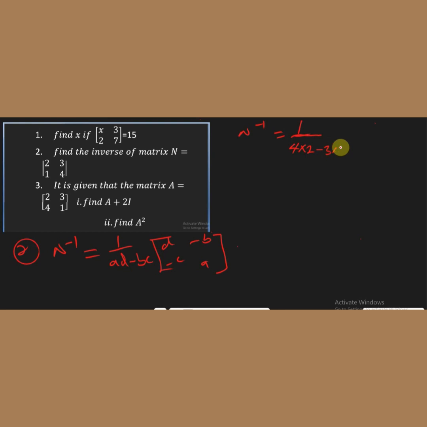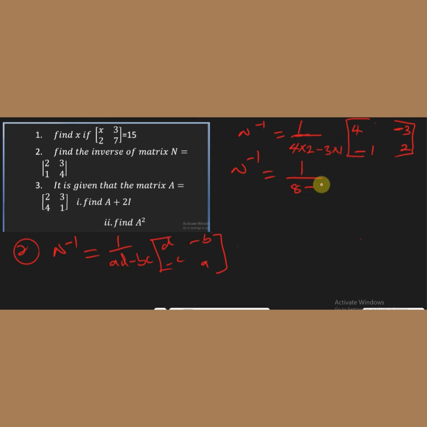Then 4 will go up here and 2 will come down. Then 3 becomes minus 3 because I'm going to multiply with minus 1. Multiplying 1 with minus 1, I will have minus 1 here. So the inverse of N is equal to 1 over 4 times 2, which is 8.